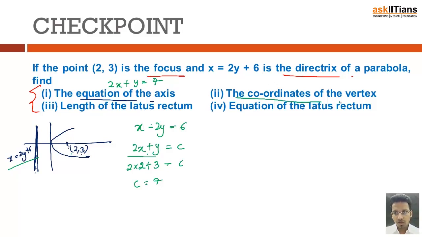Now to find the coordinates, what do we know? The vertex is equidistant from the focus and the directrix, so first I find the intersection of the directrix with the axis.